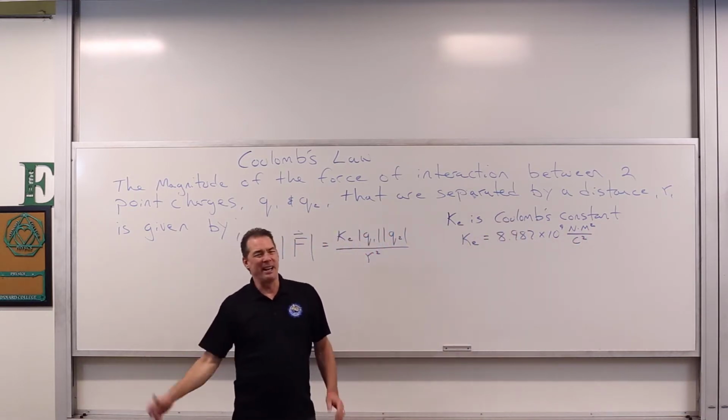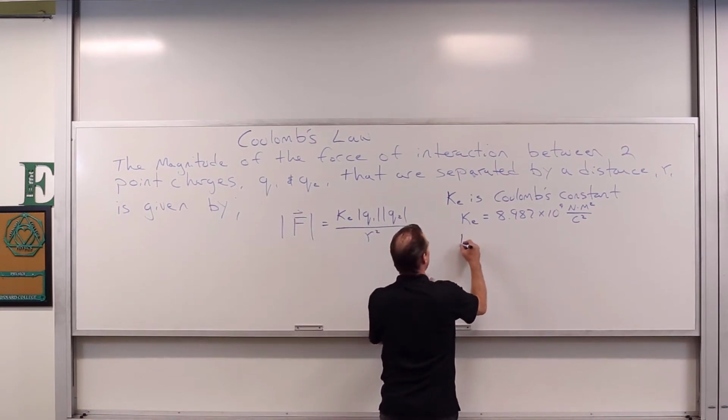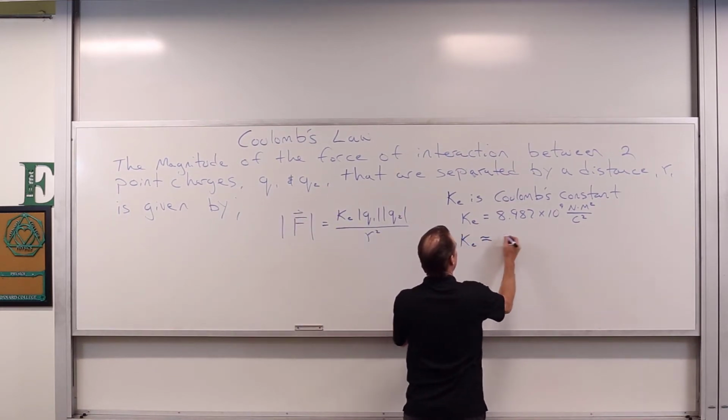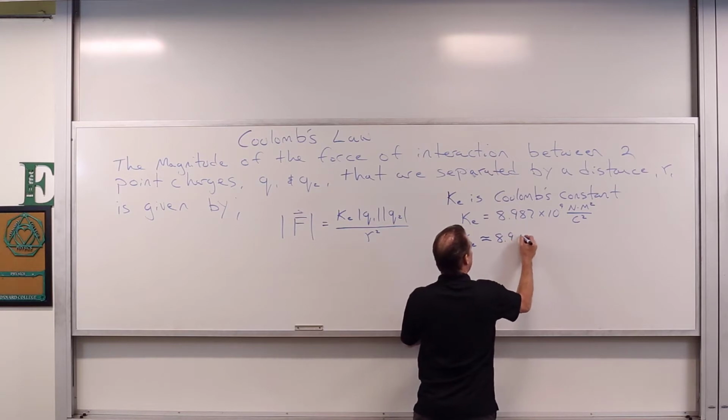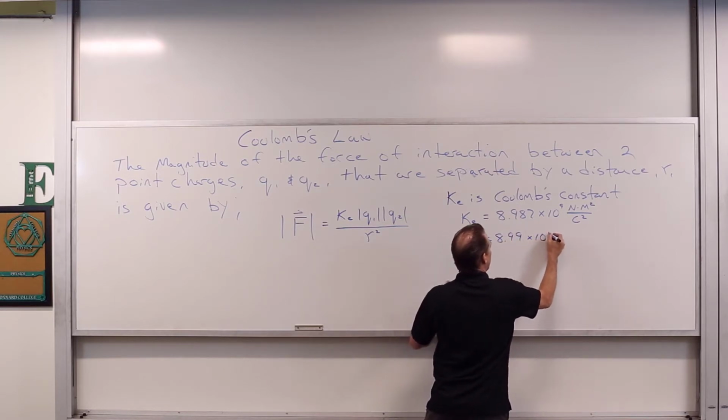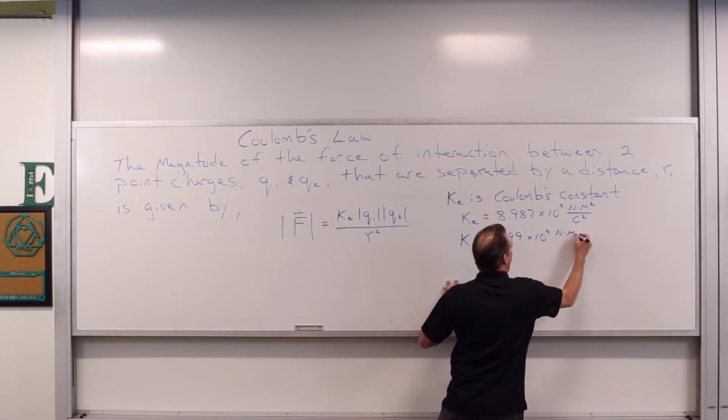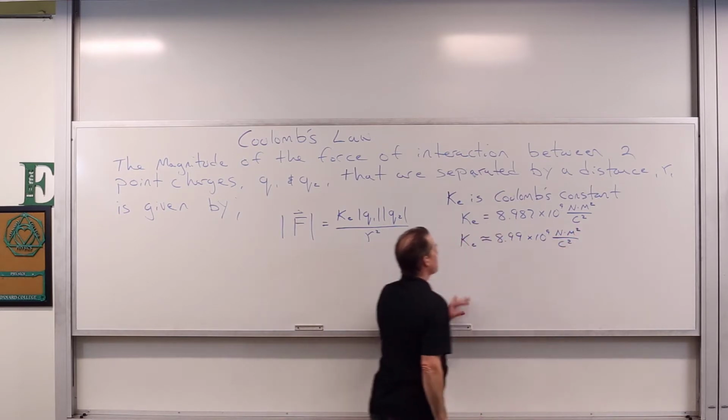Generally, we'll just use 8.99, three significant figures. That's fine. 8.99 times 10 to the 9th newton meter squared per coulomb squared.